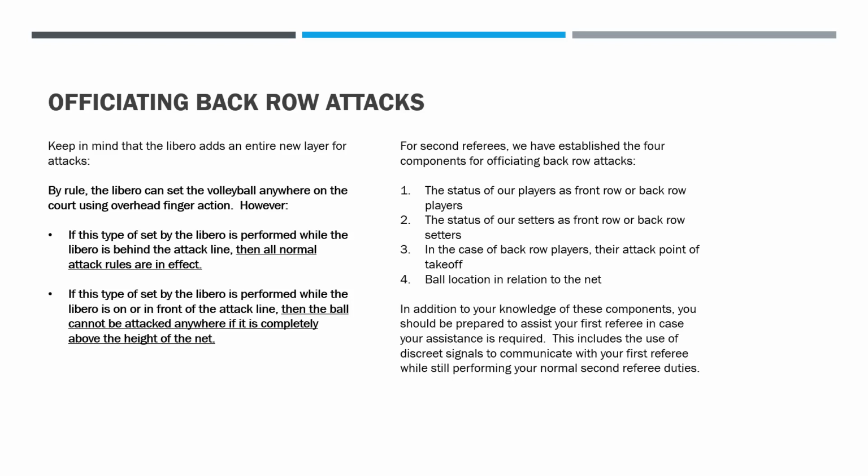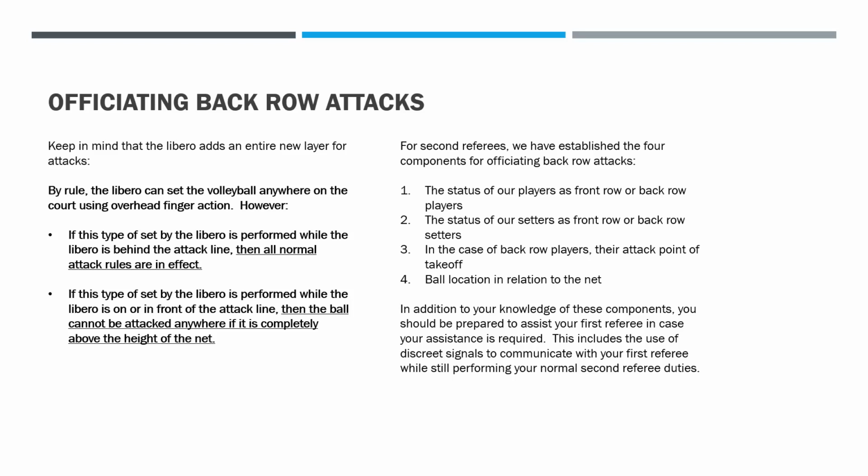For second referees, we have extensively established the four components for officiating back row attacks. But in addition to these four components, you should be prepared to assist your first referee in case your assistance is required. Some of the things that this may include, but are not limited to, are: is our setter a front or back row player?